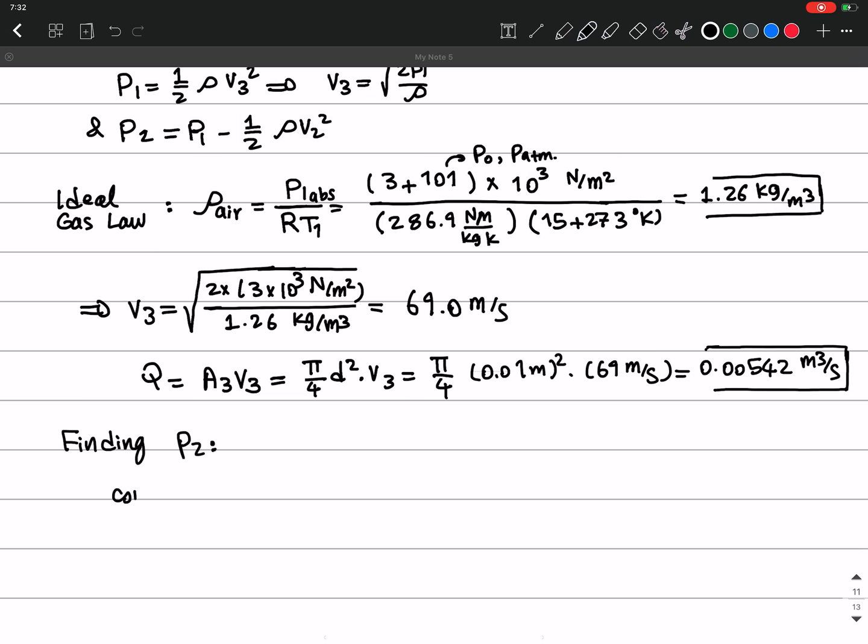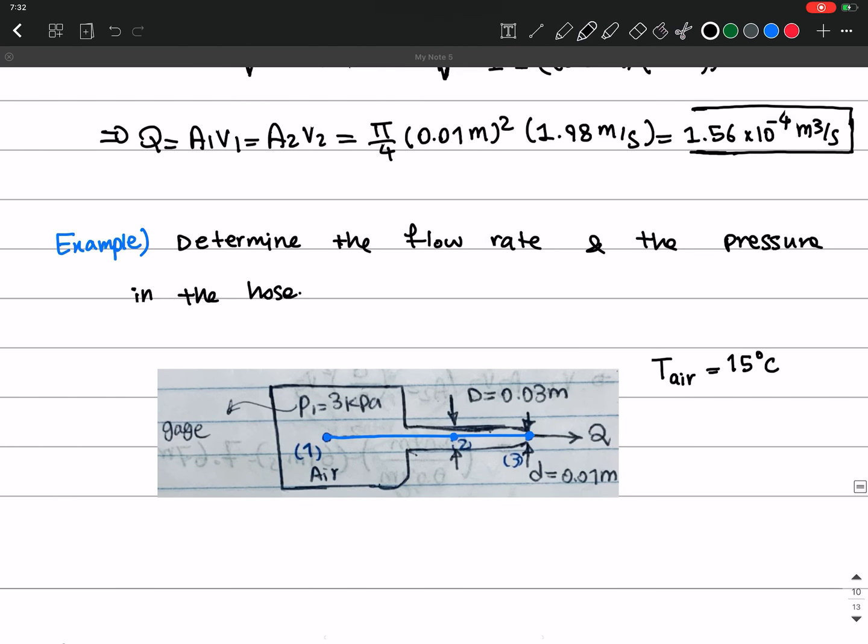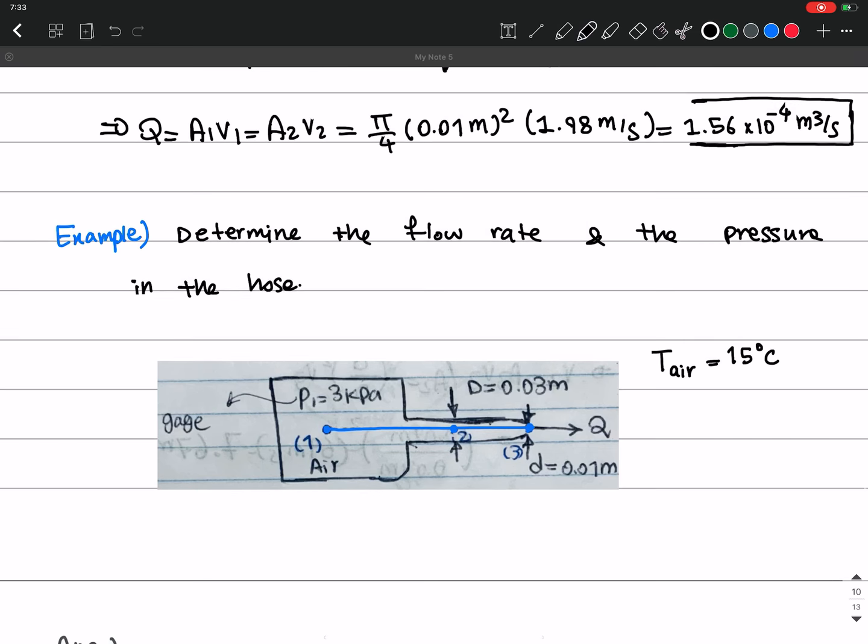From continuity we know that Q at 2 should equal Q at 3, or A2 V2 should equal A3 V3, where A is pi D squared over 4.